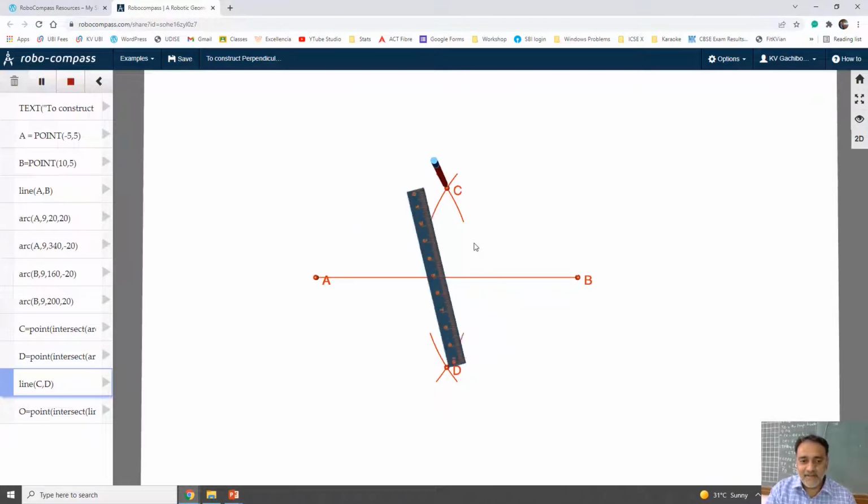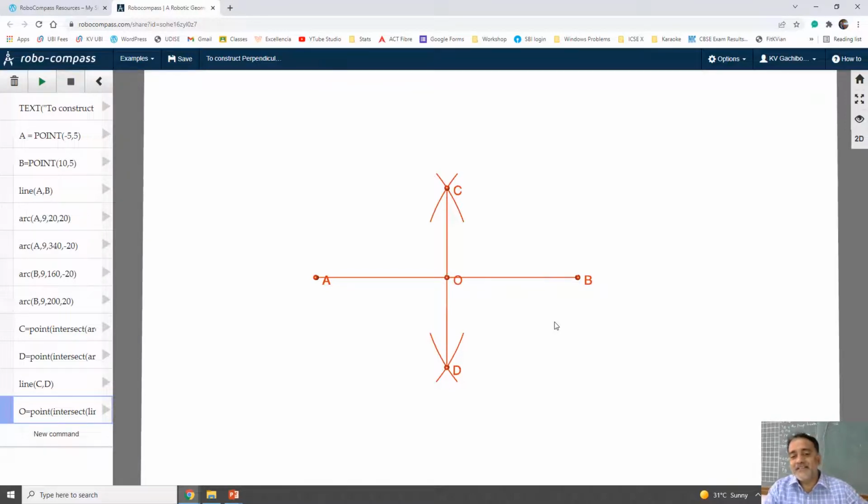CD को join कर रहे हैं. AB को वो point O पे intersect कर रहा है. This point is O. Right? Now CD is the required perpendicular bisector of AB, and O is the midpoint of AB. Right? So this is the construction based on which we have to start the exercise 14.5.